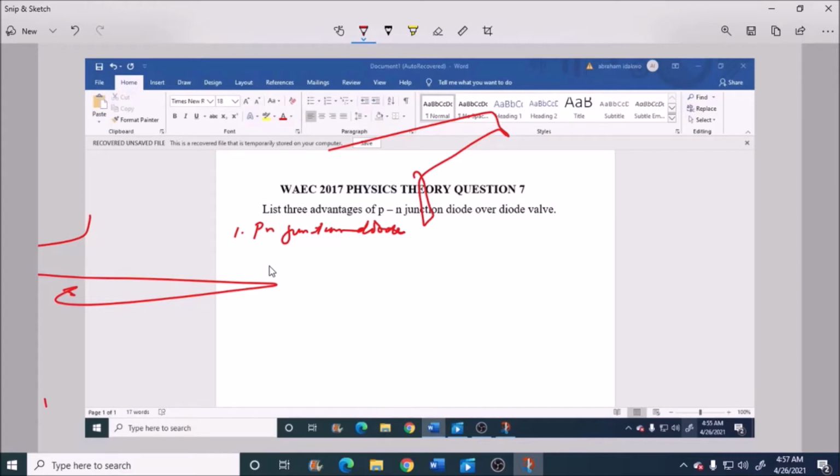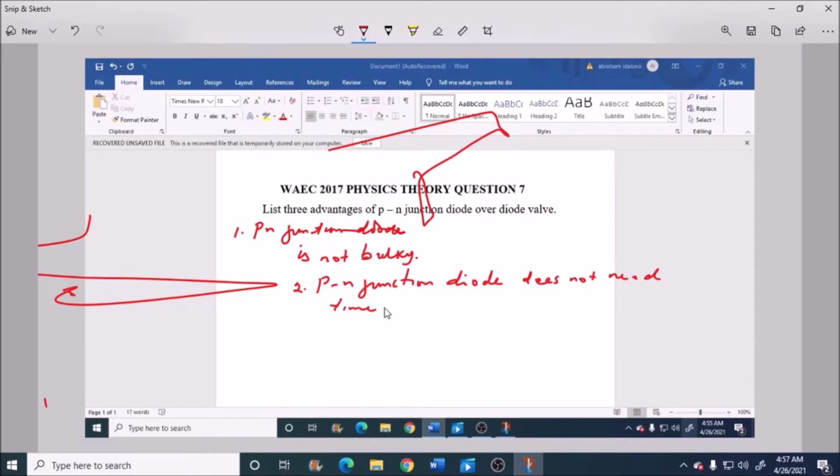Number 2, PN junction diode does not need time to warm like the diode valve.